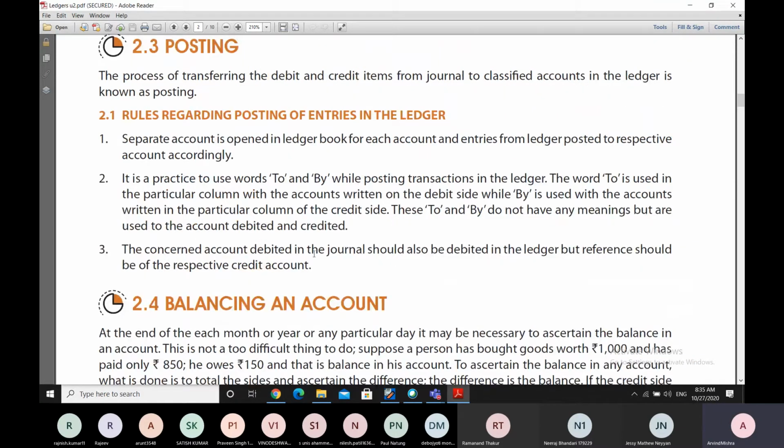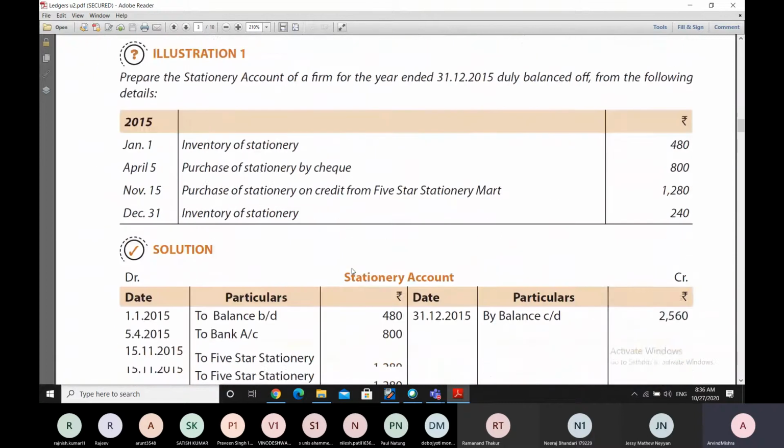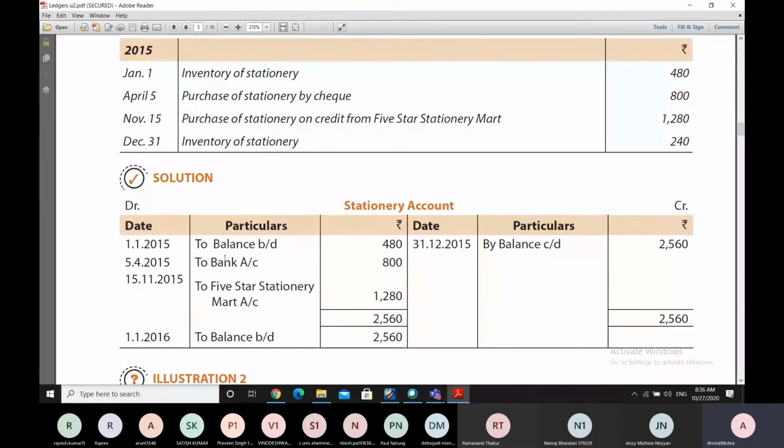The concerned account debited in the journal should also be debited in the ledger, but reference should be of the credit account. So the reference should be of the respective credit account. That is what is being done here. The reference is of the account which is credited, which is bank account, while making a debit entry in the stationery account.